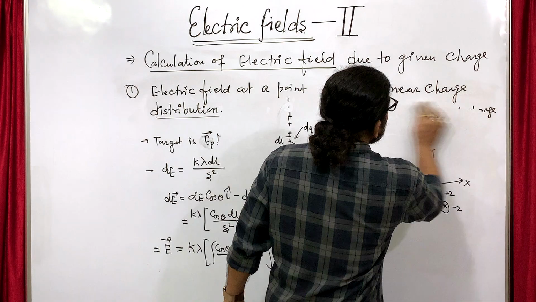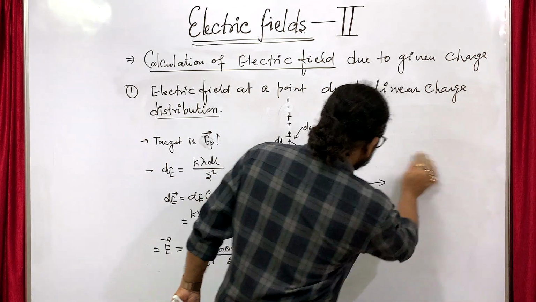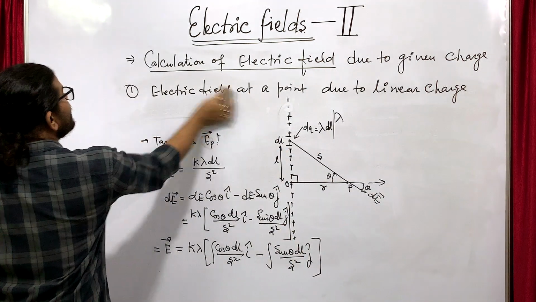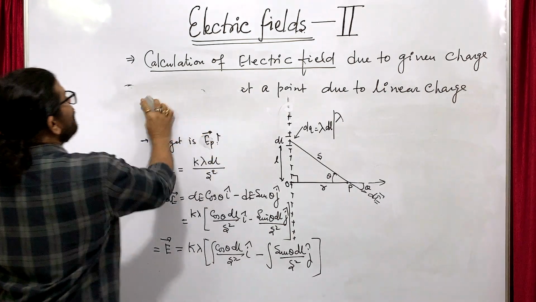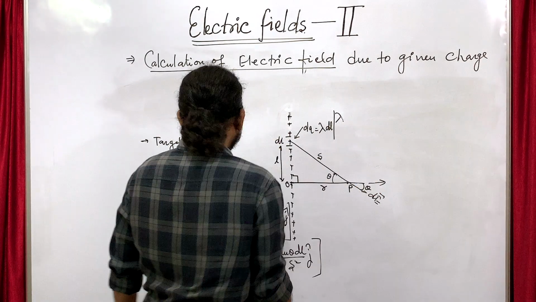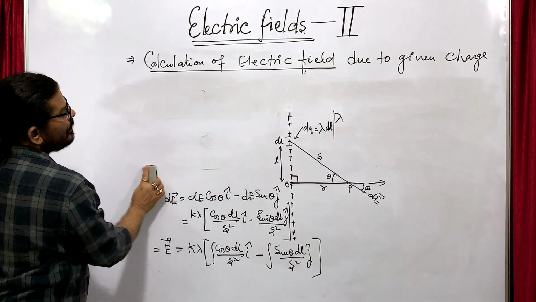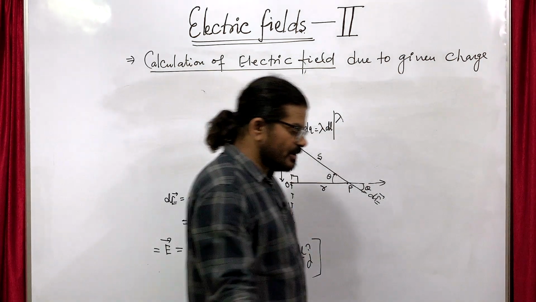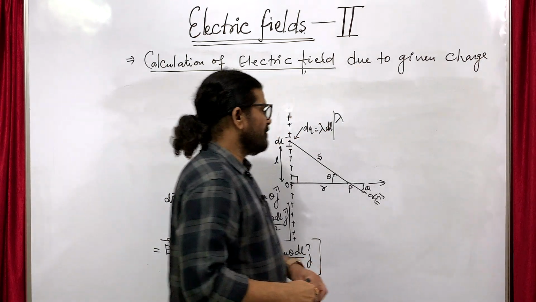So here we are going to use the geometry of the figure to reduce the number of variables. You see here how we can reduce the number of variables.